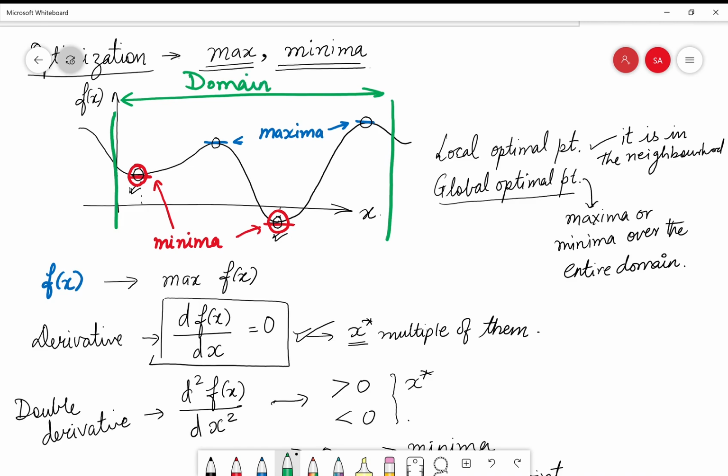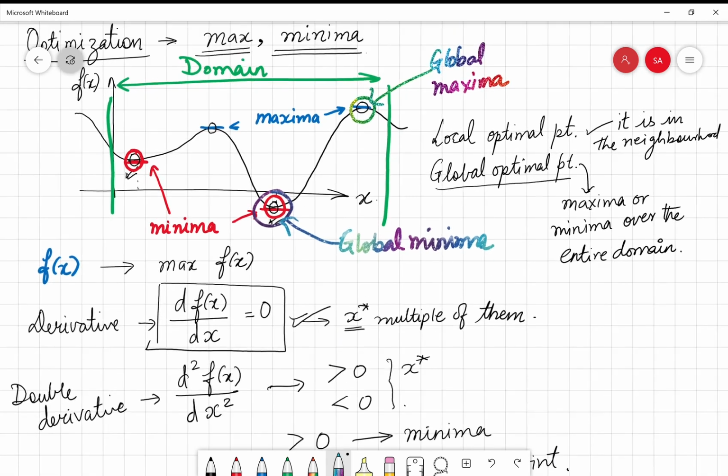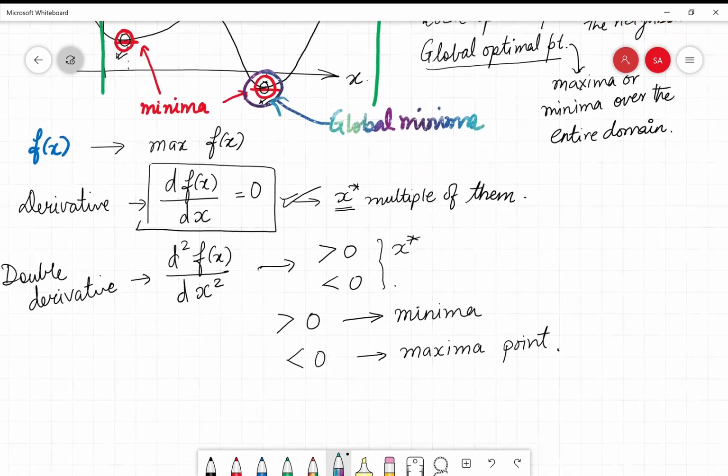Then this is my global maxima, and this one I can call the global minima. This is a concept which everyone should understand: global and local maximum and optimal points.